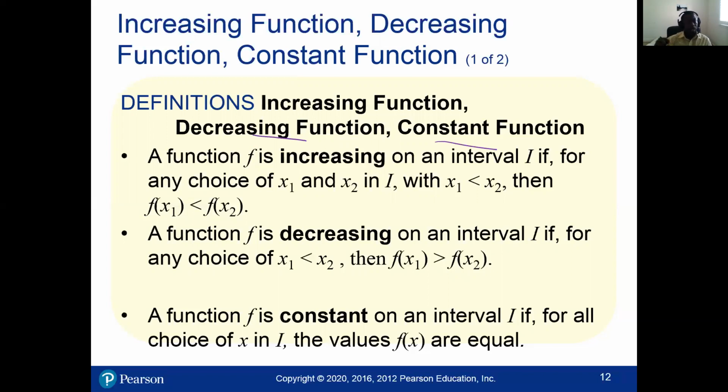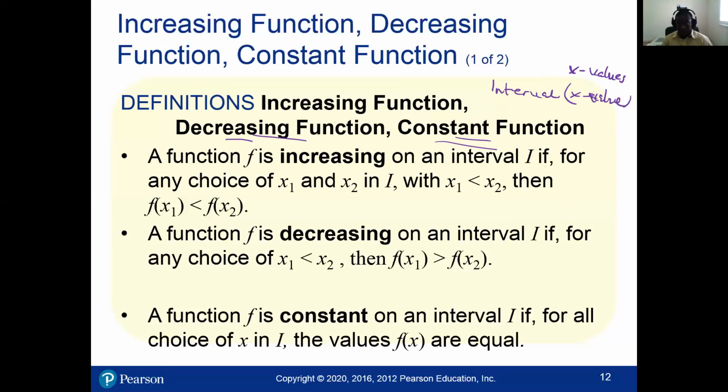But here, to write the intervals, we're going to use x values. We'll be looking at the interval of x values for which the y values are increasing, y values are decreasing, or y values are constant.